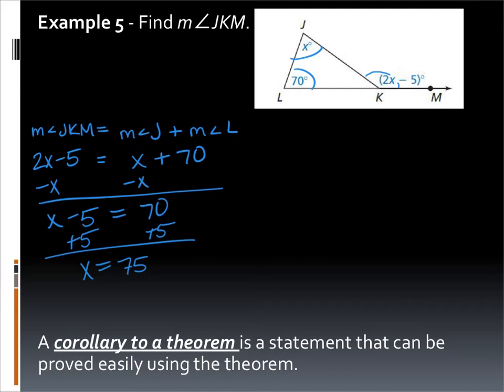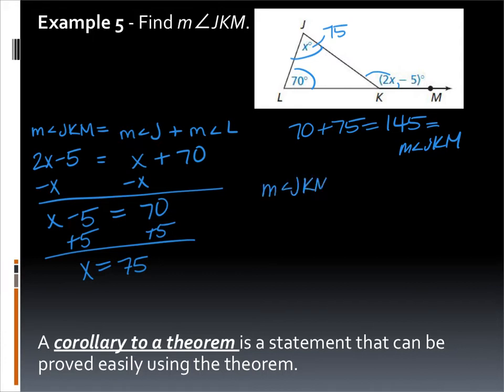All right. So if x is 75, that means that this angle is 75. And so I could do 70 plus 75 to get 145, which would be the measure of angle JKM. That's one option. Or my other option would be to fill in the measure of angle JKM is equal to 2x minus 5.